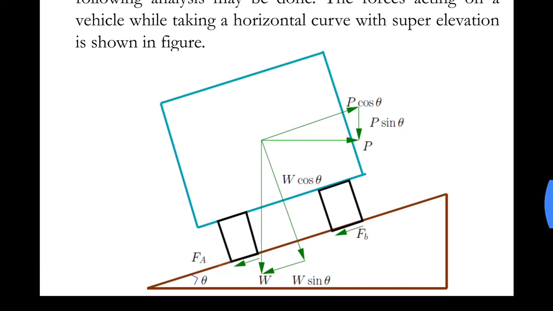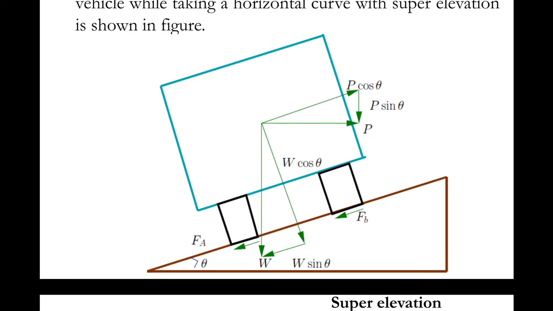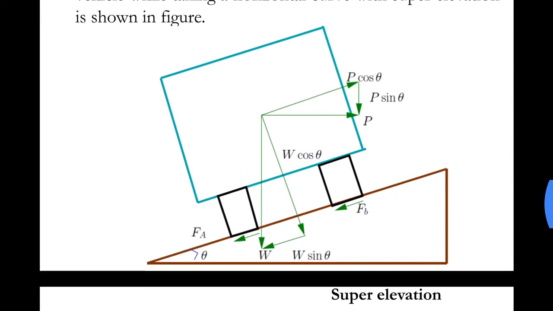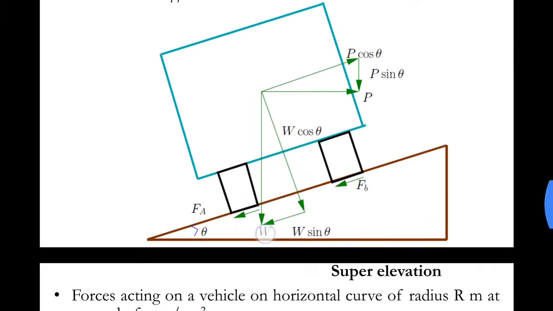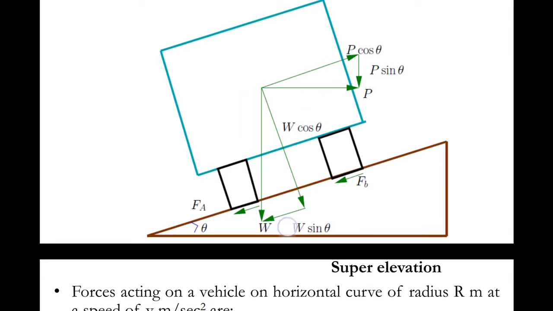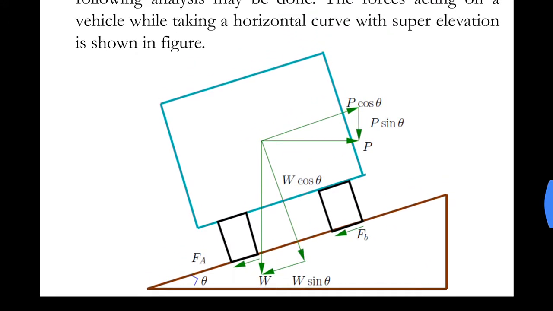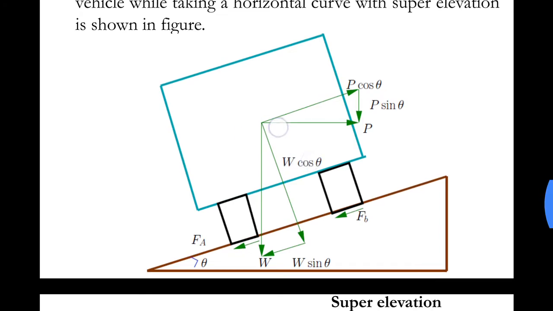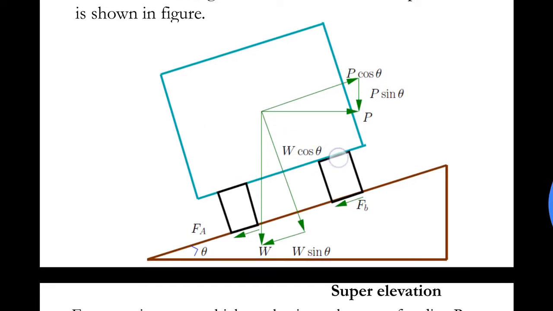Fa is the frictional reaction at wheel A, and Fb at wheel B. W is the weight acting vertically downwards, and when you resolve it for theta along the CG, it would be W cos theta.